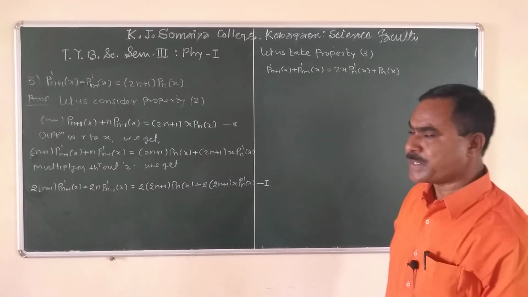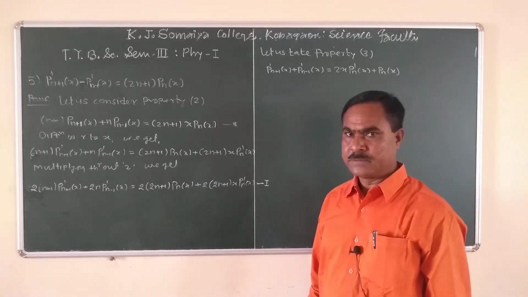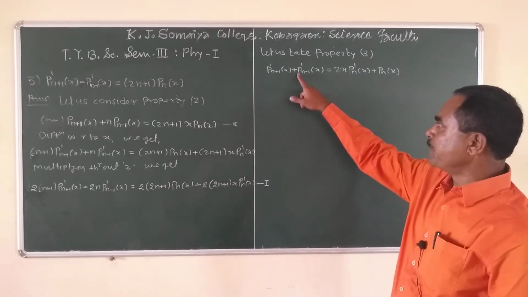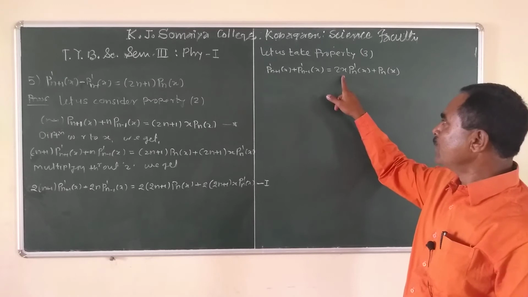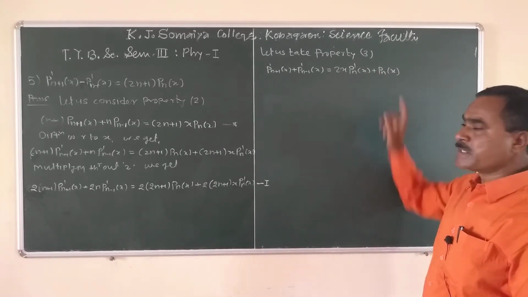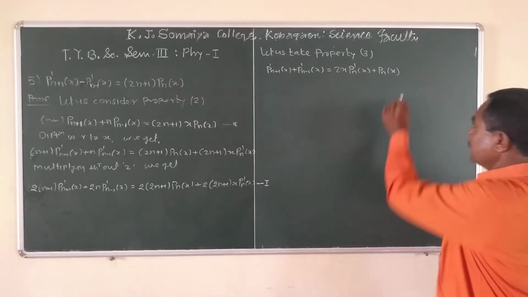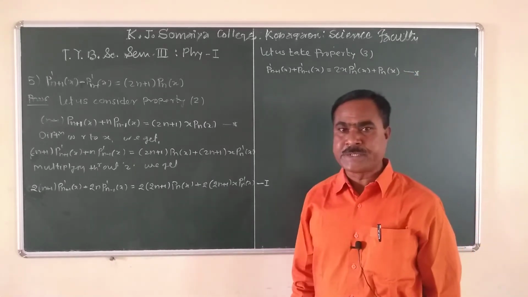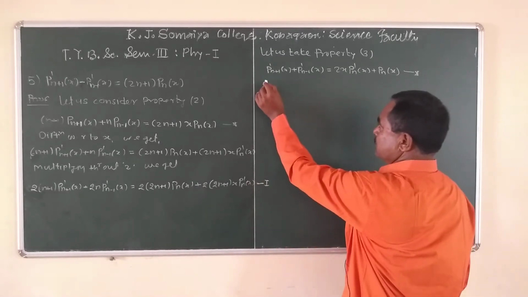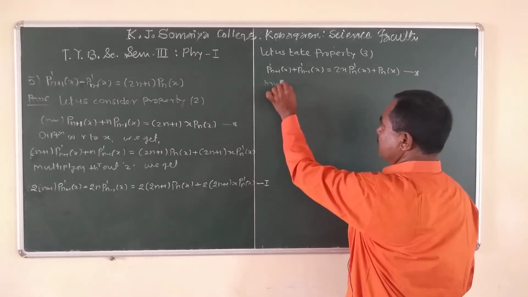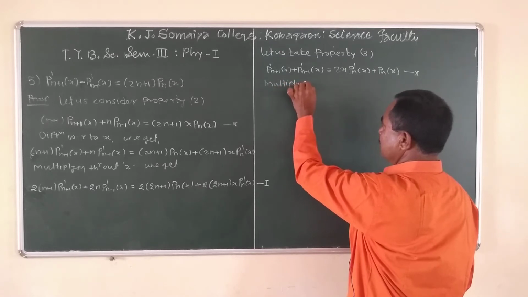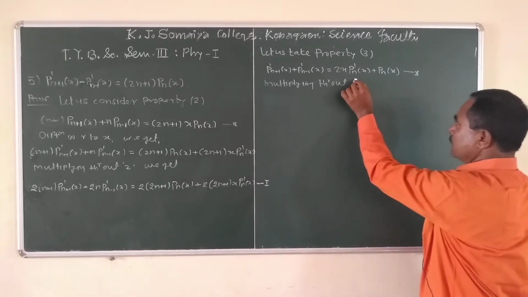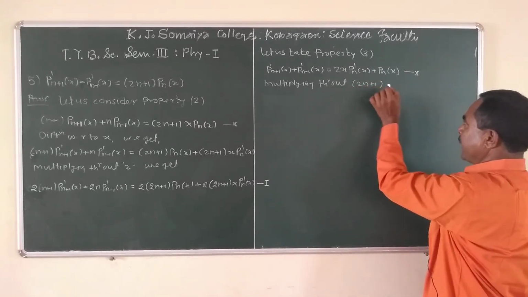Then in the next step we consider the third property. The third property is P'_{n+1}(x) + P'_{n−1}(x) = 2x P'_n(x) + P_n(x). To this property we multiply throughout by (2n+1).